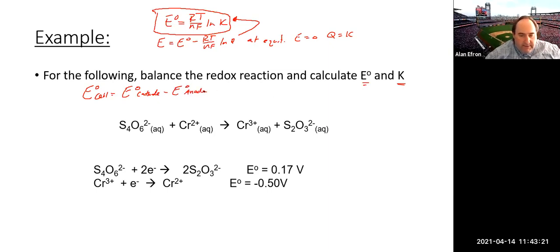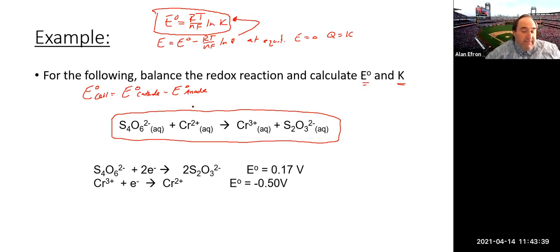So in this particular case, we do want to figure those things out. And if you are given an equation like we were here, you do need to actually look at what's going on in that equation to make sure that you know which one's being oxidized, which one's being reduced. If you look at our chromium here, it's going from +2 to +3. It's becoming more positive.